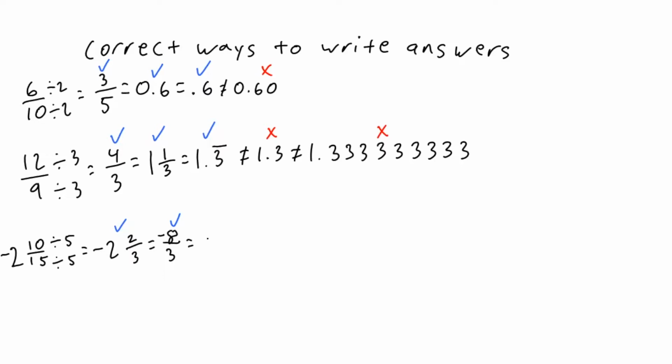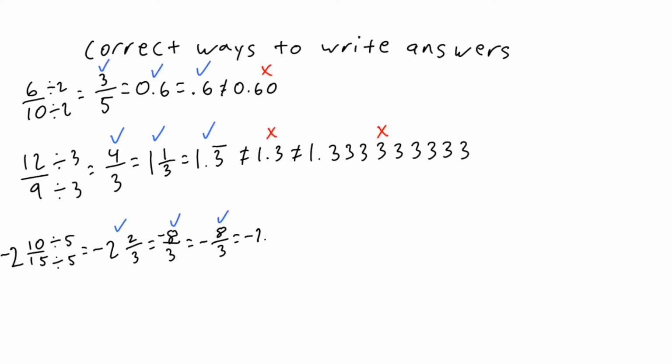Another quick change, but another correct way to write the answer is -8/3, making the whole fraction negative. All that means is the negative goes to one of these numbers, but not both. Another way to write the answer is as a decimal. So back to, it's still -2 and then 2/3.